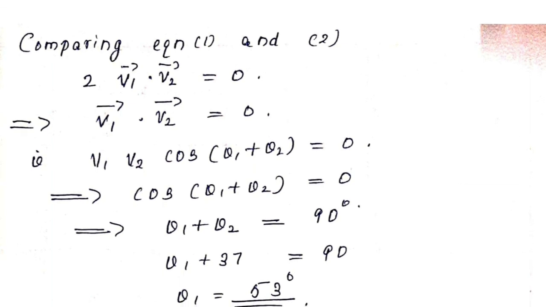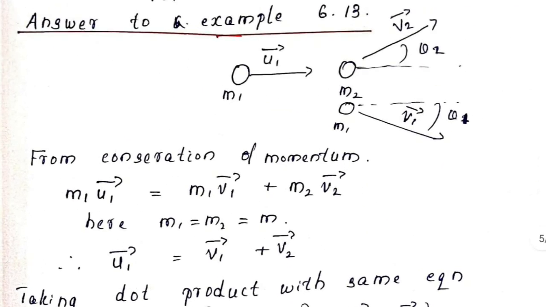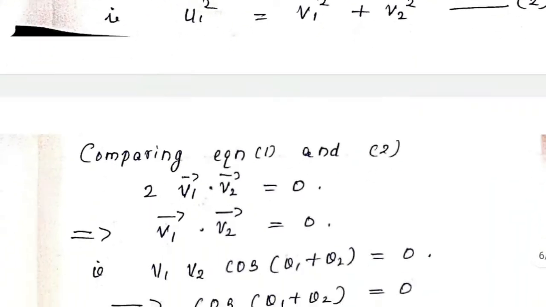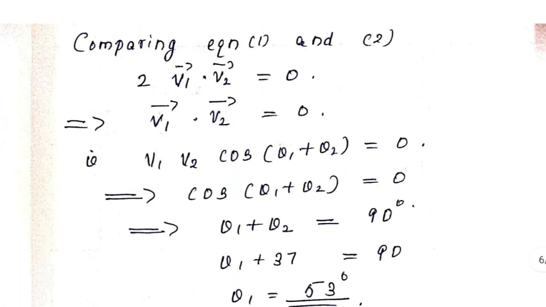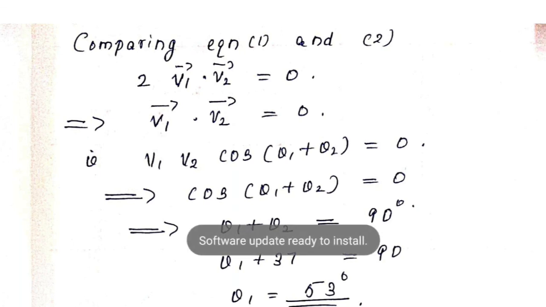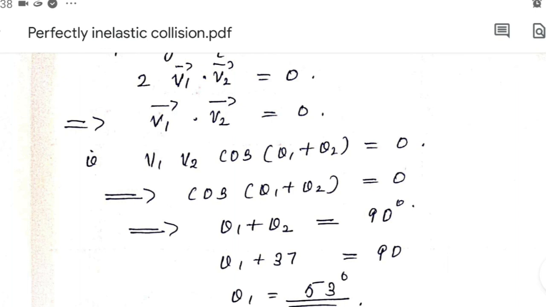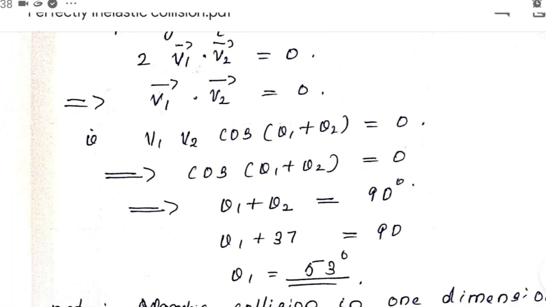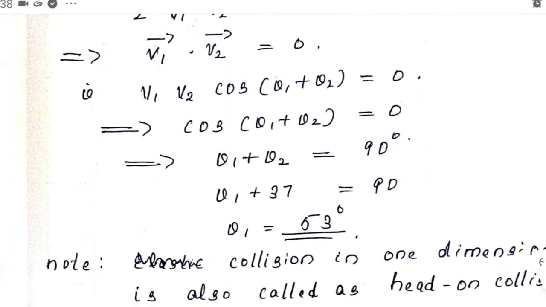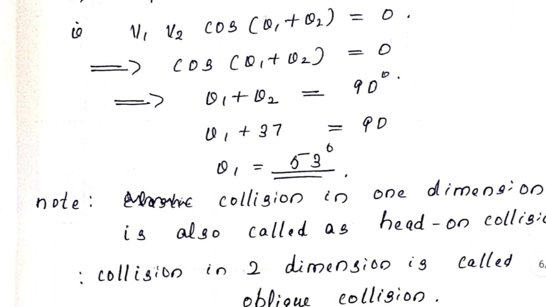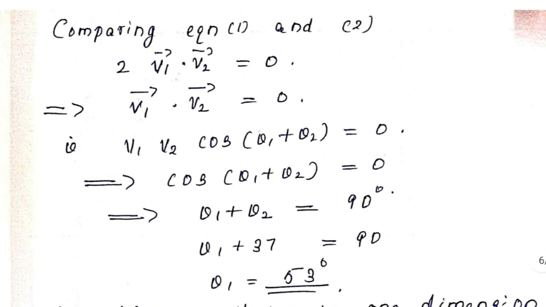What is the expansion of v1 dot v2? It is v1 v2 cos of (theta 1 plus theta 2) equal to 0, because the angle between v1 and v2 is the sum of angles theta 1 and theta 2. So we have cos of (theta 1 plus theta 2) equal to 0, which is possible only if theta 1 plus theta 2 equals 90 degrees. Theta 2 is already given as 37, which gives theta 1 as 53 degrees. So our answer to the question is 53 degrees.